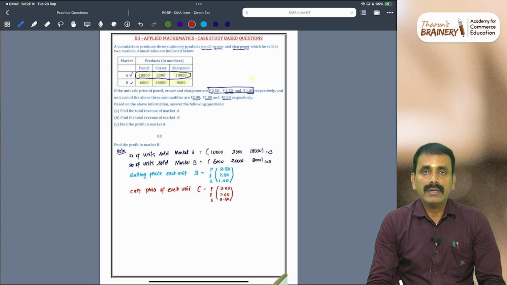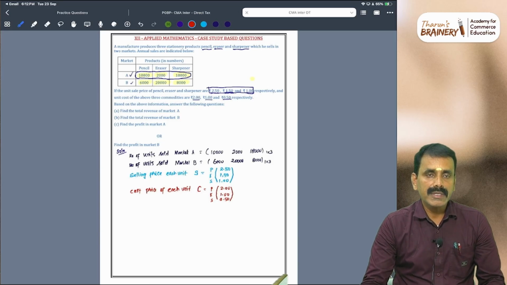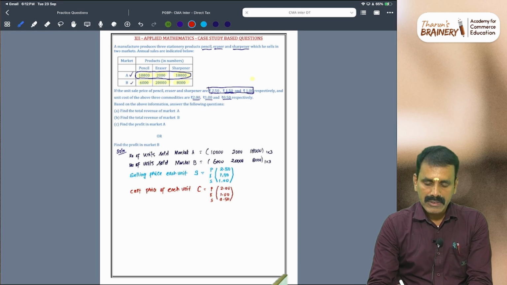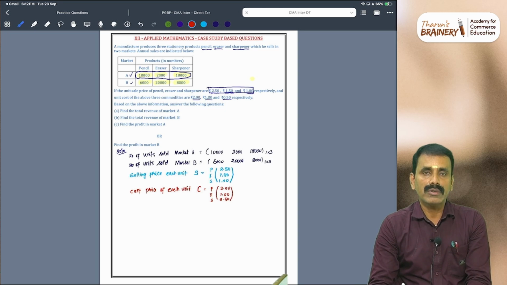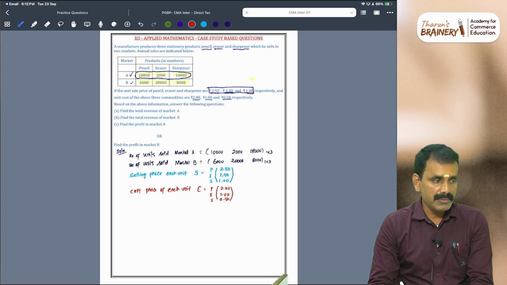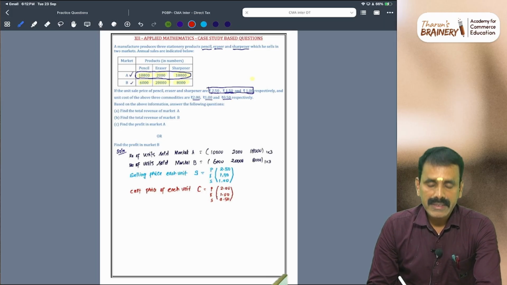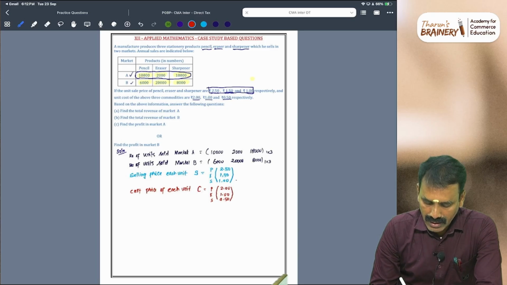So, we have written the data given in the question in matrix format. The first 2 matrices, the number of units sold in each market, are written as row matrices containing 1 row and 3 columns. The selling price and the cost price of each item are written as column matrices, with 3 rows and 1 column.